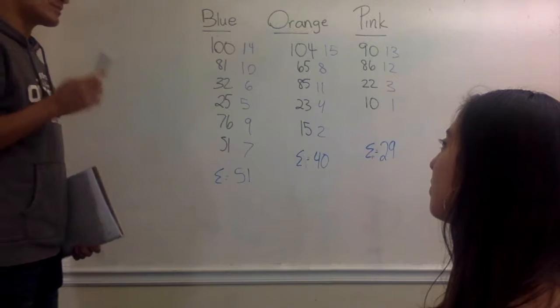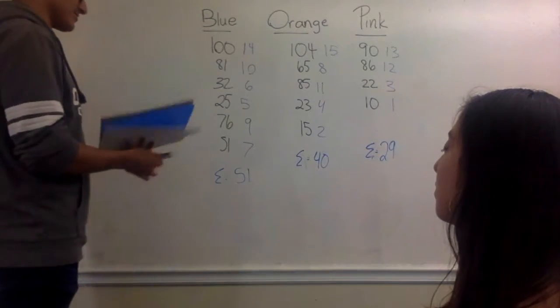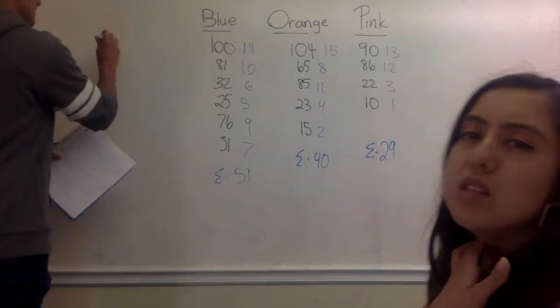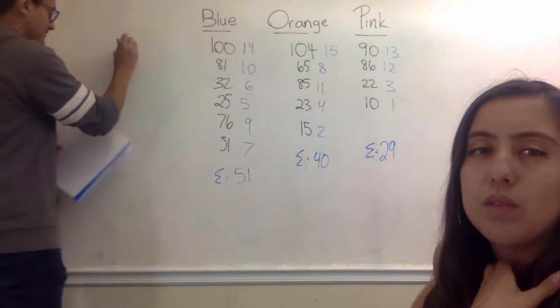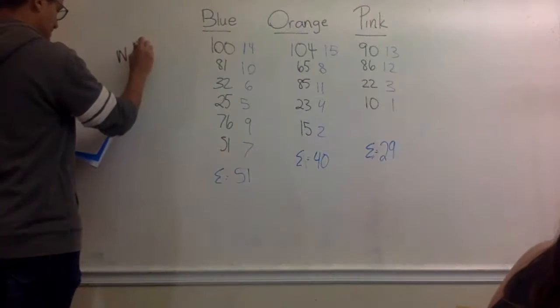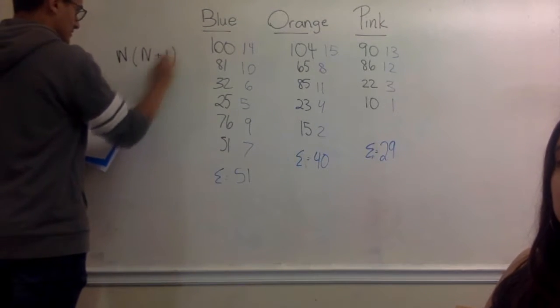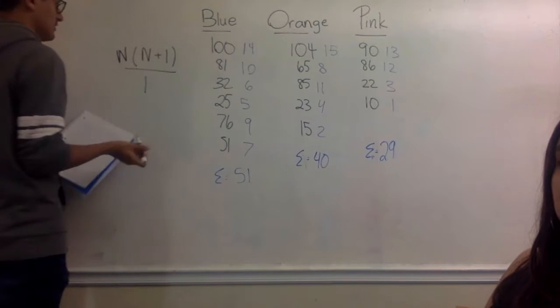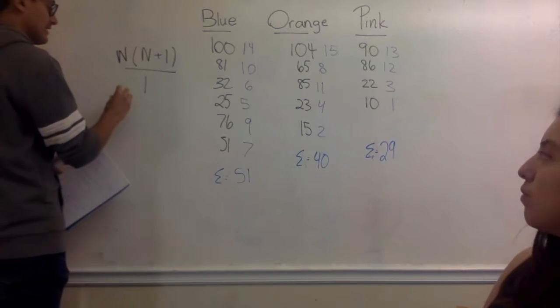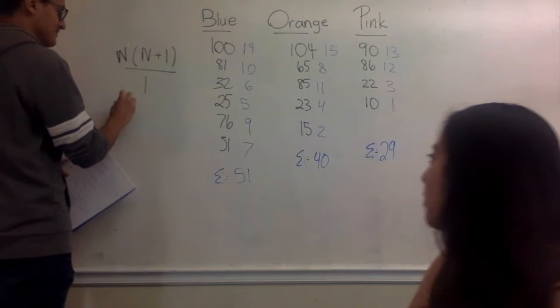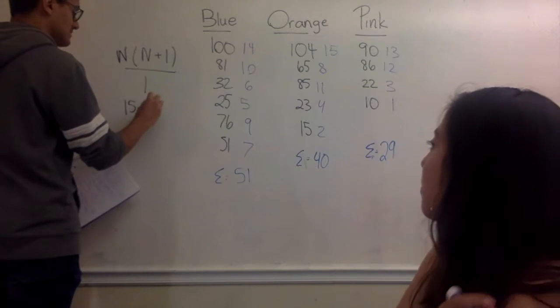And there's a really cool equation we can use to double check if we're correct. So what is the equation? It's n(n+1)/2. So n is 15, and then n plus 1 is 16.